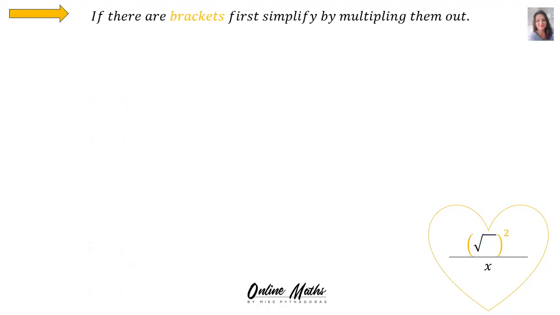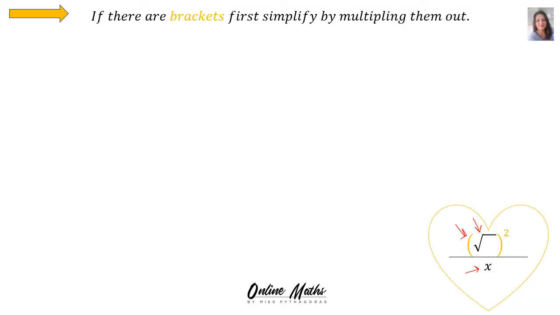The next rule is if there are brackets, first simplify by multiplying them out. And if you look at the sketch here, you can see we've dealt with the fact that you cannot find the derivative if there's an x under the line. You cannot find the derivative if there are roots or surds.